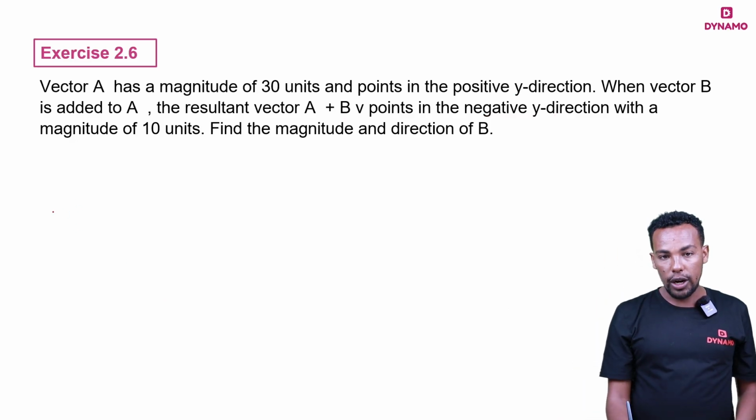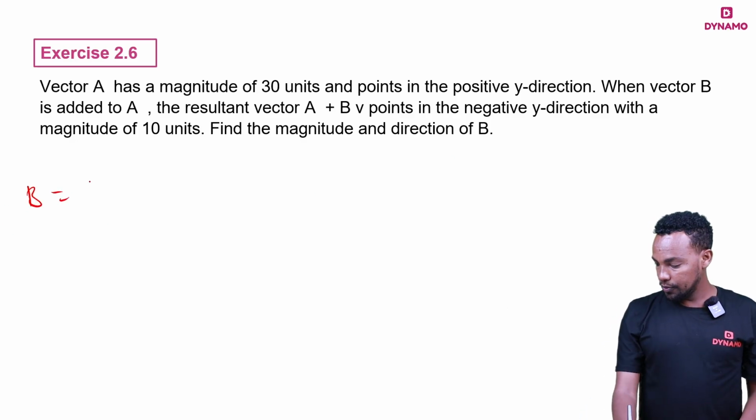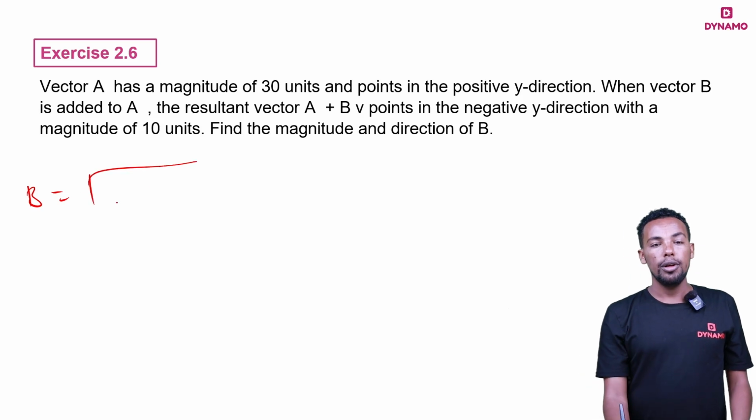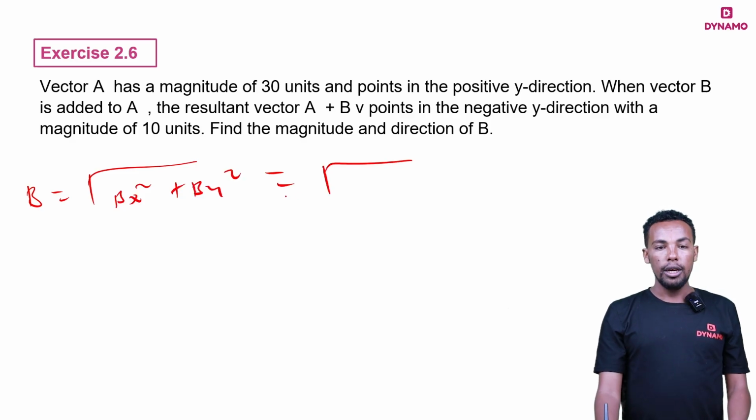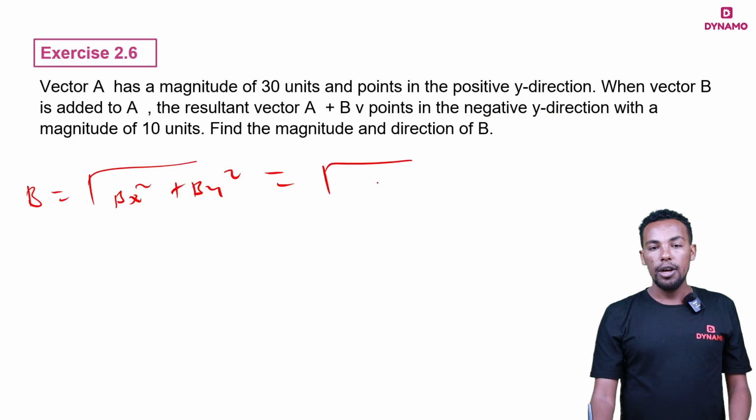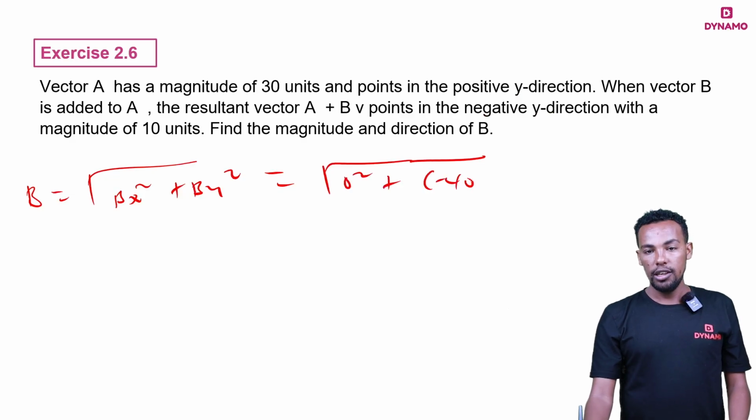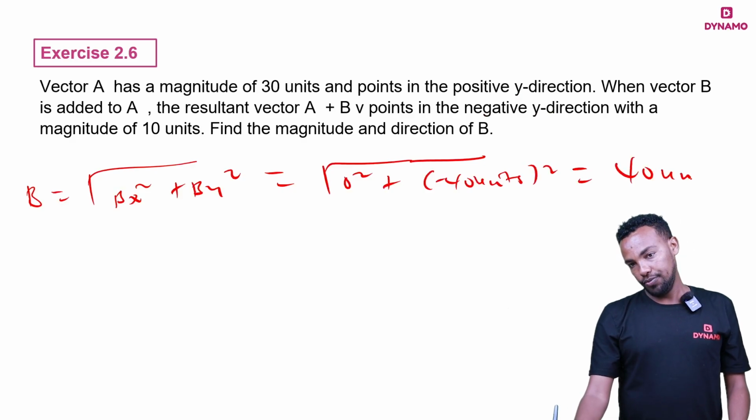We are asked to find the magnitude and direction. The magnitude of B is equal to the radical of BX squared plus BY squared. BX is 0, and BY is minus 40 units, the whole squared. This is equal to 40 units.